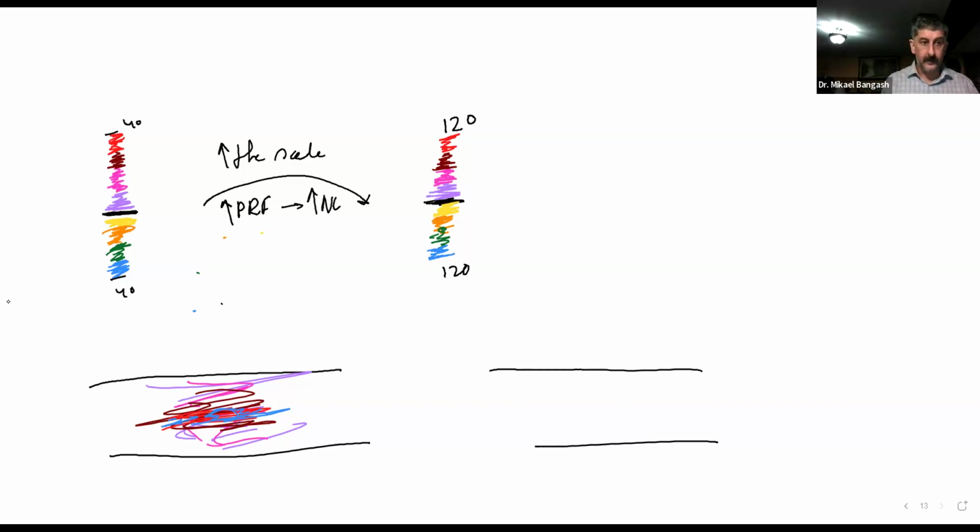Let's say that in this blood vessel here we had a speed of 60 centimeters per second. So those extra 20 centimeters was due to the blue color. Had it been 80, then we would even have had some green color here. Clear?